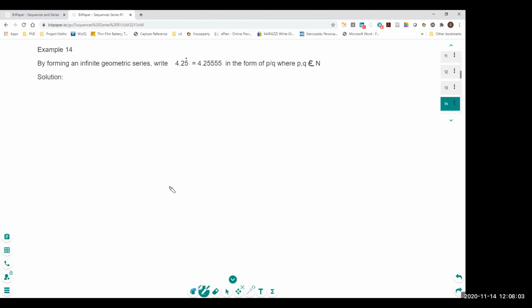So what we do first of all is we can write this in terms of fractions straight away. 4.2555: well, 4 can be written as 4 plus, so 0.2 is what? It's 2 over 10, isn't it?